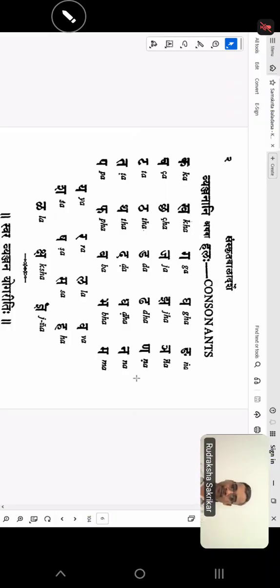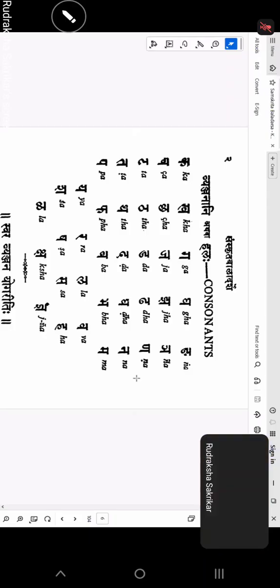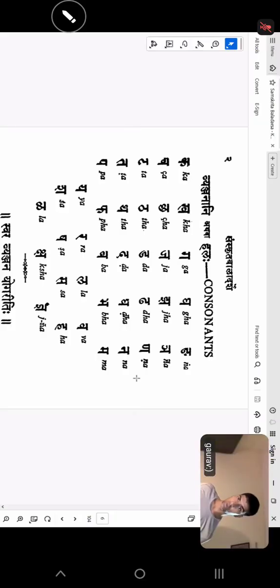Similarly with the second one, cha, chha, ja, jha, nya. So it is nya. To write it in a simple way, you can write ya and put an Ardha Chandra over that ya. Cha, chha, ja, jha, nya. Chanchala.